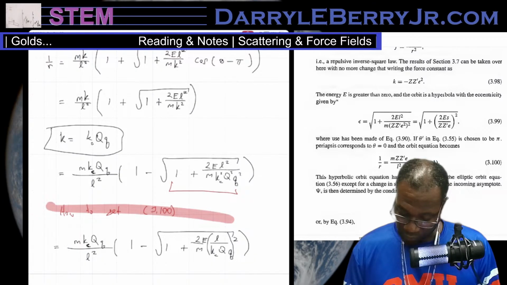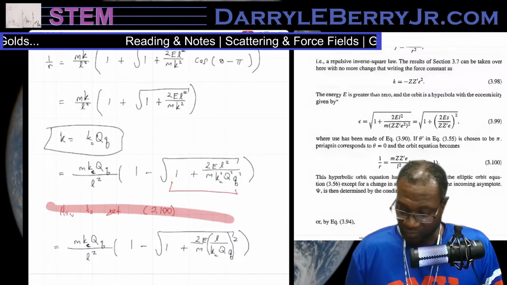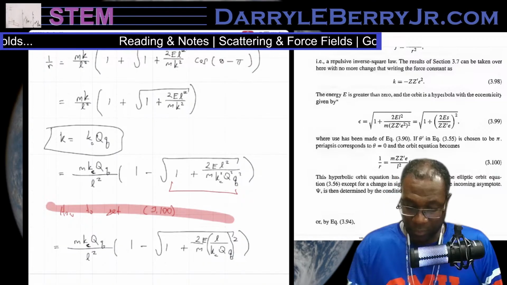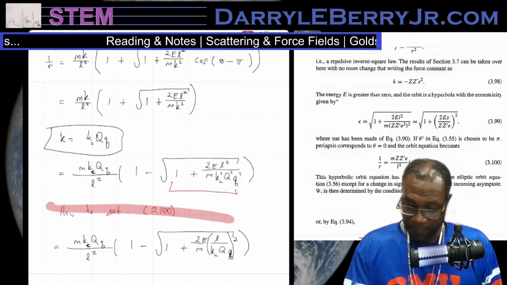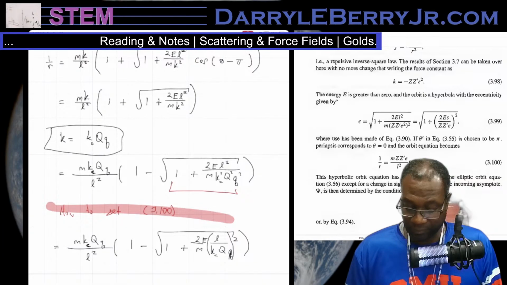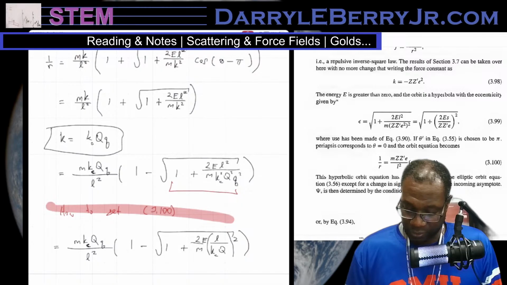It will have a square. So I have my Coulomb constant, the Q, my two charges, they're both positive or negative. The large Q is the stationary charge.